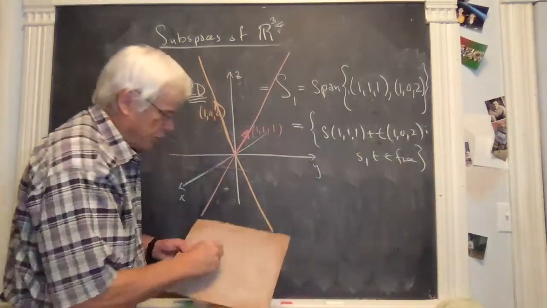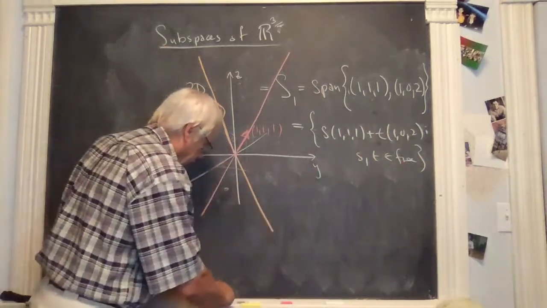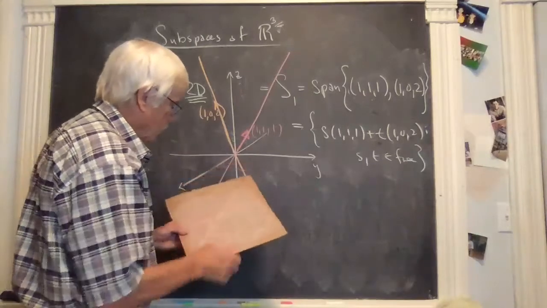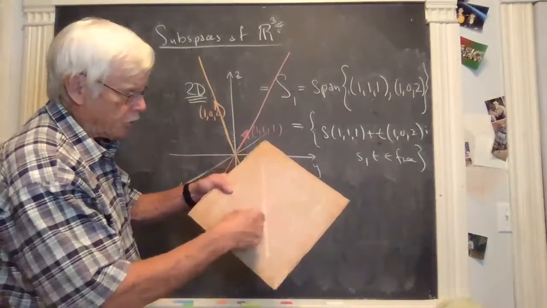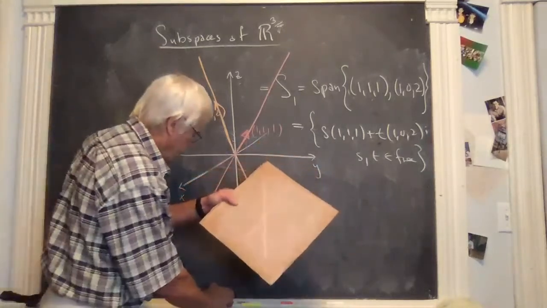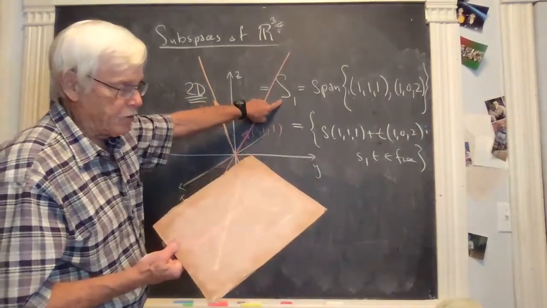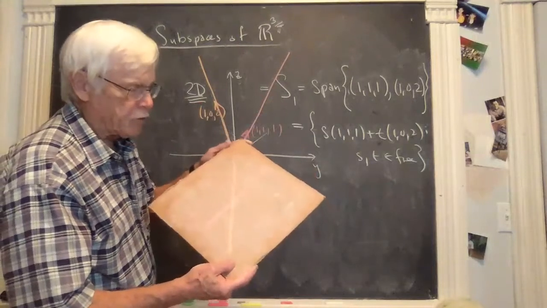Those lines intersect at the origin. And two intersecting lines determine a plane. So what we've got here is a plane. It is the plane determined by those two lines. And that is what this subspace is. Now, this is not R2 because R2 consists of just ordered pairs.